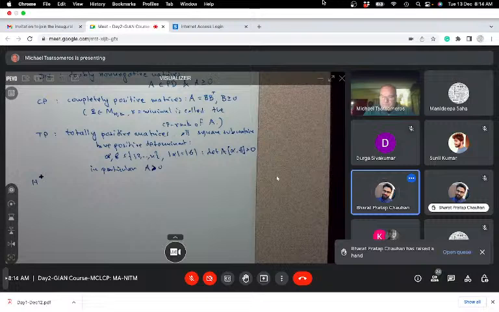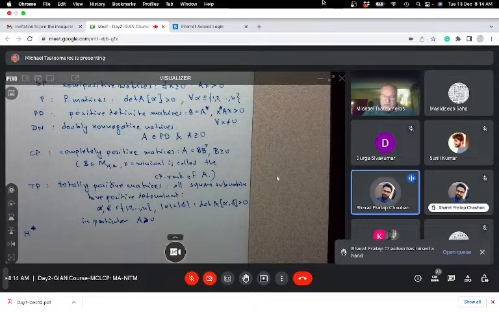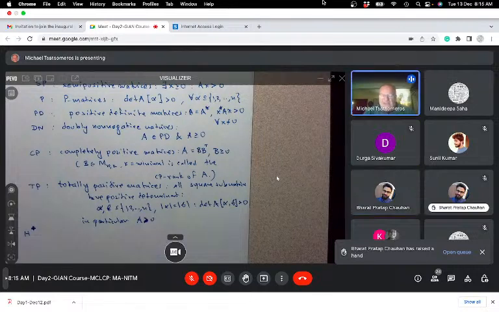Sir, you are considering a positive definite matrix as Hermitian. So here a doubly non-negative matrix is also positive definite, and it must be symmetric if it is real. Let me see if I understood your question. I define positive definite matrices as perhaps complex matrices. The requirement is that A is equal to A star.